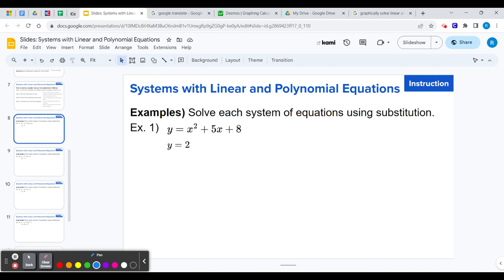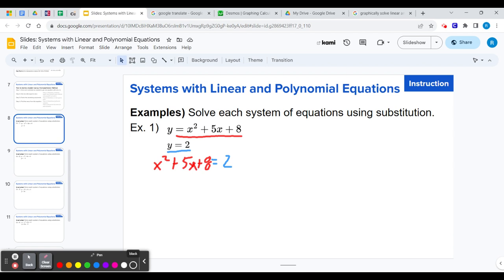So I'm going to take this y equals 2 equation and rewrite it, but instead of writing y, I'm going to write in that red equation, x squared plus 5x plus 8. So I got an equation in only x's.